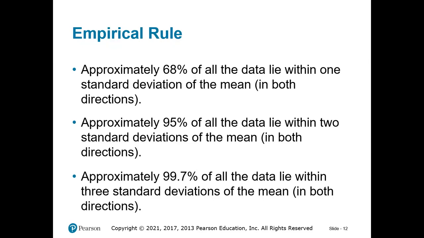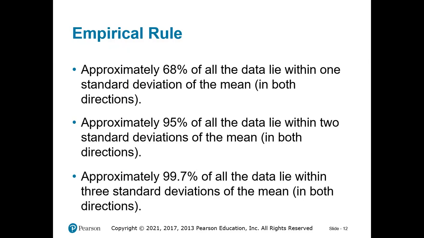If that data, when you draw it, has a bell shape to it, then you can say, of course these are approximations, but a good approximation, that 68% of all the scores, 68% of all the salaries, are within one standard deviation of the mean. Once you calculate the mean, and we know how to calculate the mean, you just add up all the data and divide by how many of them, and we know how to calculate the standard deviation.